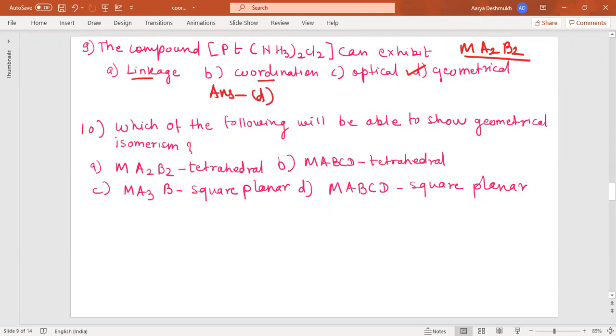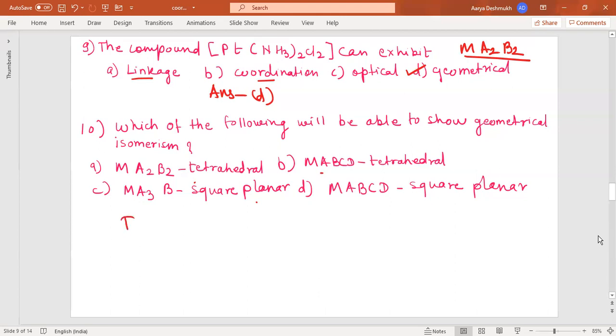Quite a simple question. Which of the following will be able to show geometrical isomerism? Ma2B2 tetrahedral. Okay. MABCD tetrahedral. Ma3B square planar. MABCD square planar.